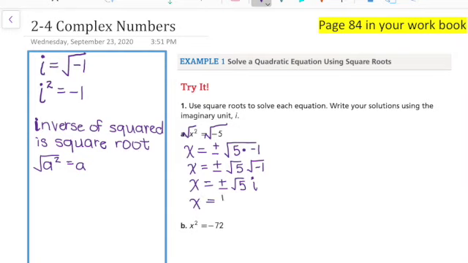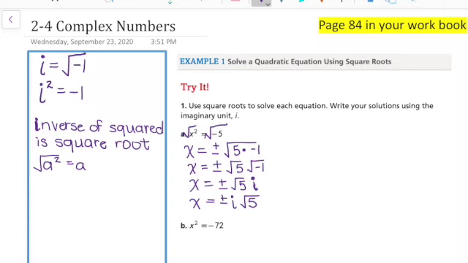Most of the time, it is more common to put the i on the outside, because when it's in the very back like this, it's hard to tell, is it under the square root? Is it not under the square root? We're not sure. So a lot of times we just like to put the i in front of the square root.